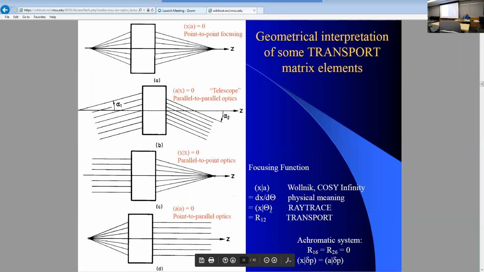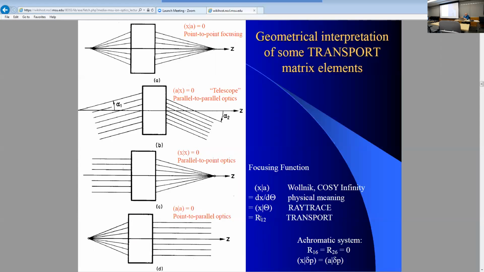So instead of R12, he writes (x|a), where the second parameter, the angle, is at the entrance. So the second parameter is a parameter at the entrance, and the first parameter at the exit.